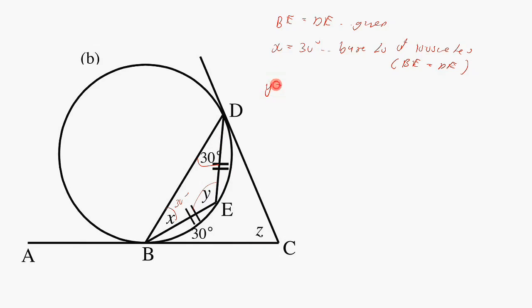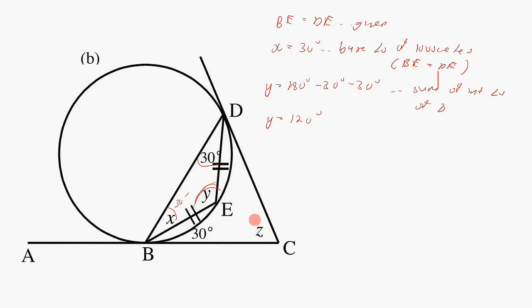Then we'll say Y is equal to 180 degrees minus 30 degrees minus 30 degrees. Then the reason is sum of interior angles of a triangle. Then what will be our Y? Y is going to be 120 degrees. So we have this 120 degrees here.